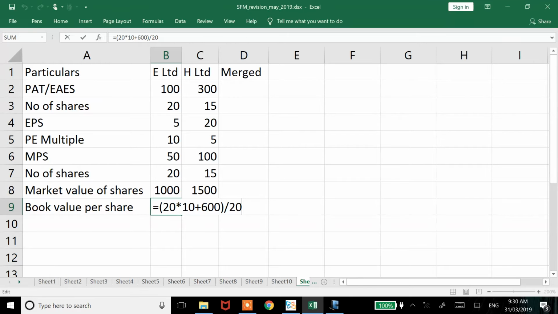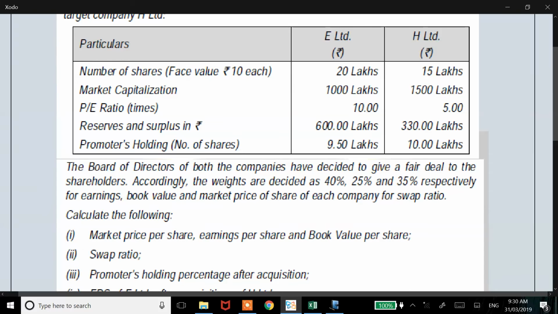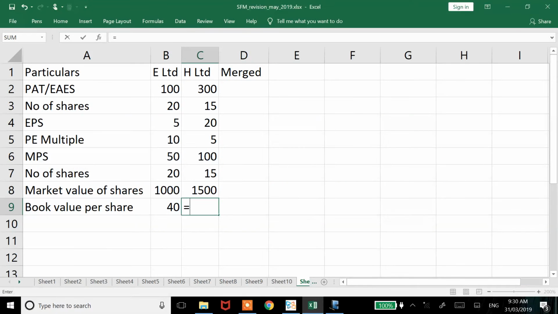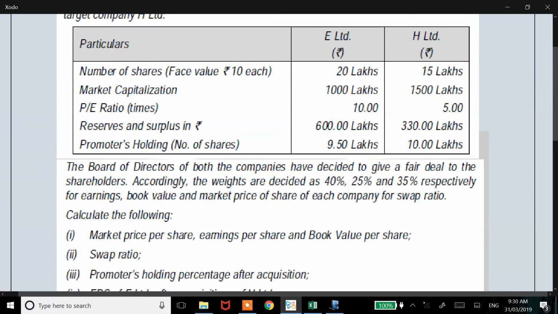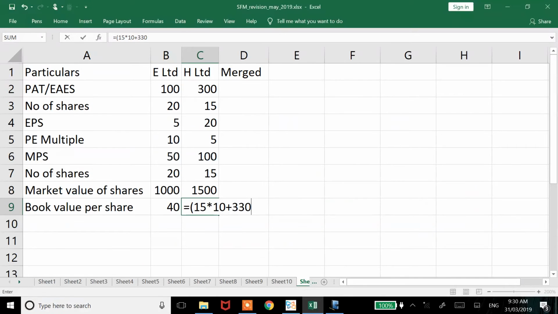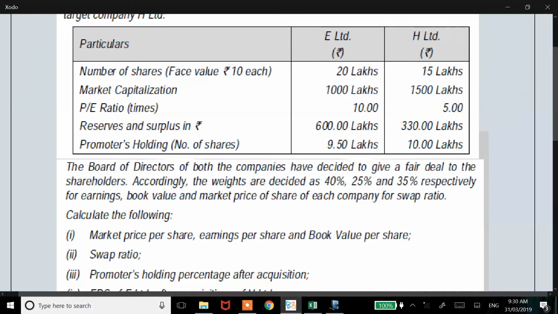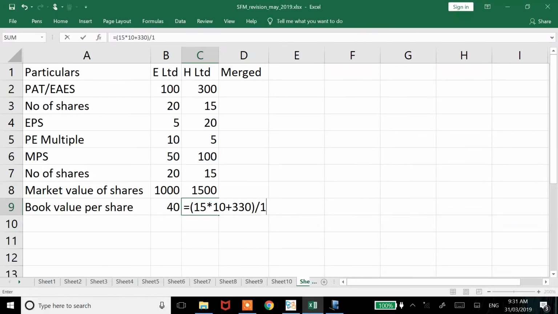Equity share capital plus reserves and surplus divided by number of shares: 15 into 10 plus 330, divided by 15, 32 rupees. This is the base data for the company.